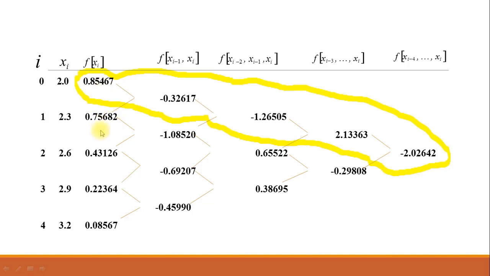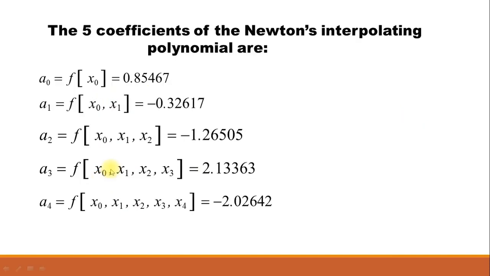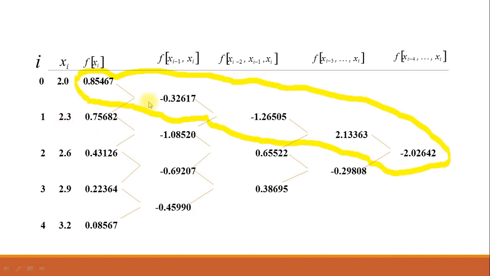This is zero order differences and this is the first order differences. How to find the first order differences, how to find the second order differences, the third order differences, and the fourth order differences. For the first order differences, the procedure is very simple.